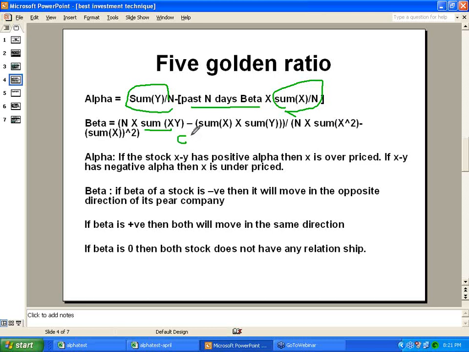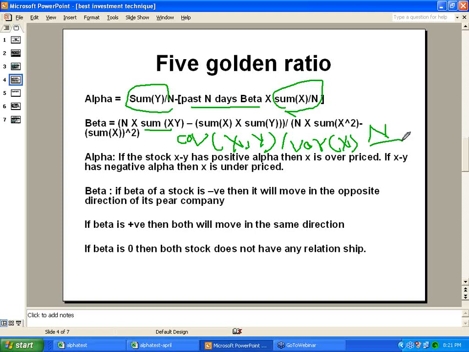Or you can use the other formula: covariance of X and Y divided by variance of X, multiplied with n divided by n minus 1.